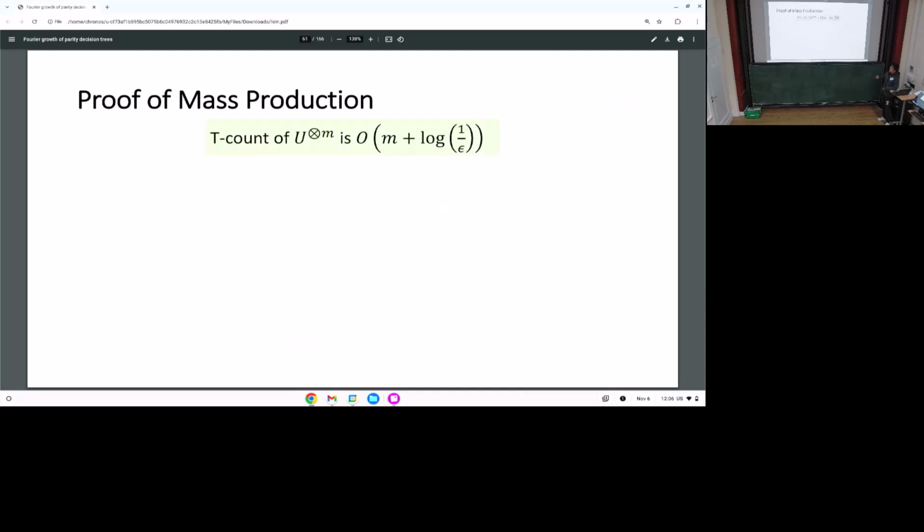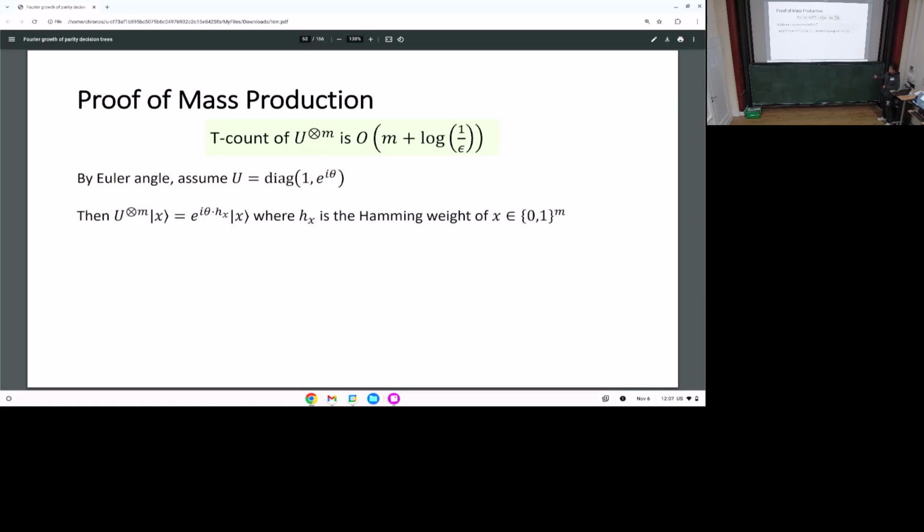And now I will also give you a short proof, within one page, of this fact. As before, we can use the Euler-angle theorem, and we can assume this unitary U is just diagonal. If it's diagonal, then ignoring the global phase, it's just 1 and e to the i theta on the diagonal.